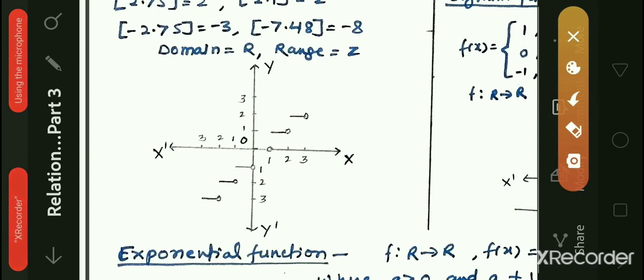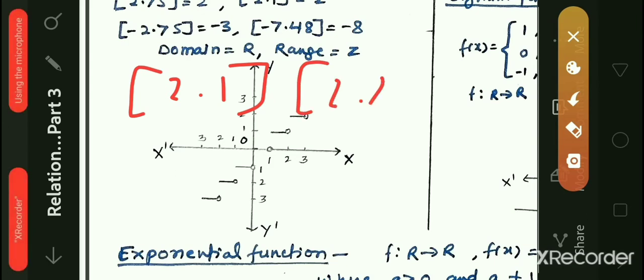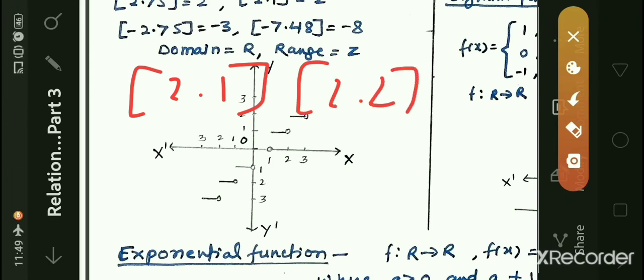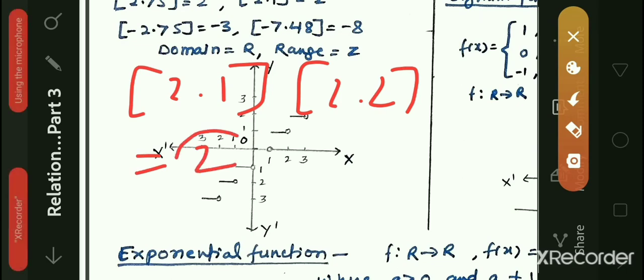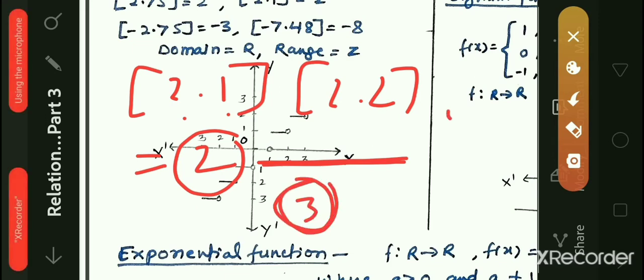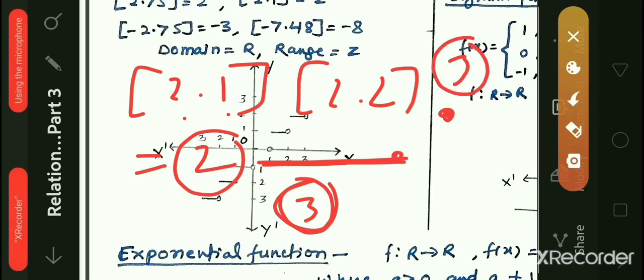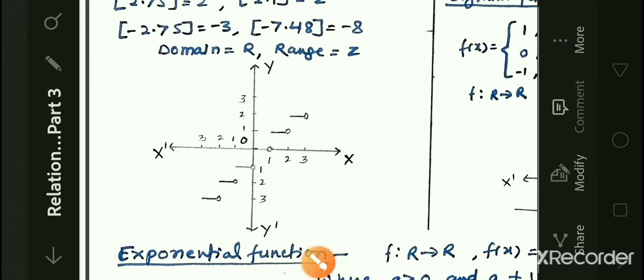For example, 2.1, 2.2, 2.3 and so on, all these will be equal to 2, means at all these points there will be a continuous graph, and as soon as you get 3, the graph will jump suddenly and reach the value 3. So you will see a jump at all integral points. So this is the graph of the greatest integer function.